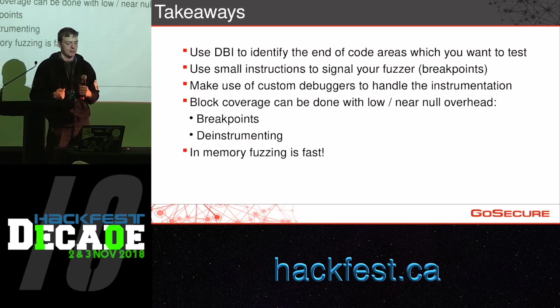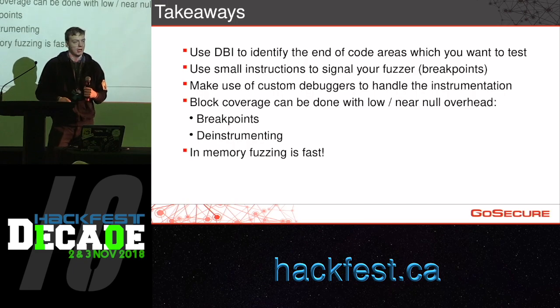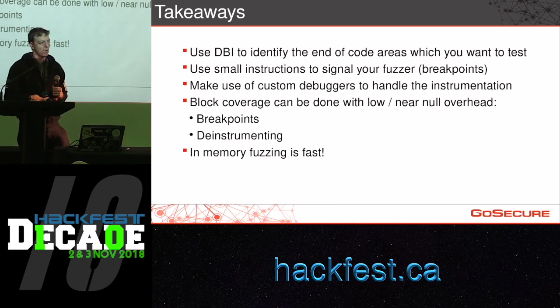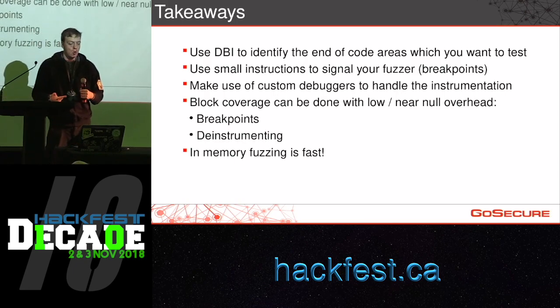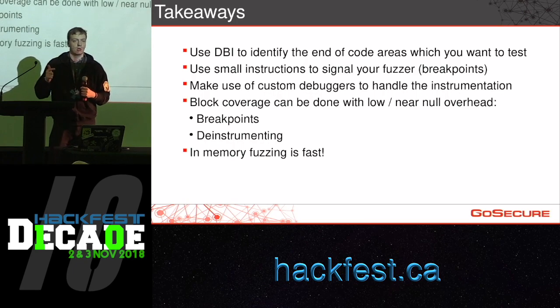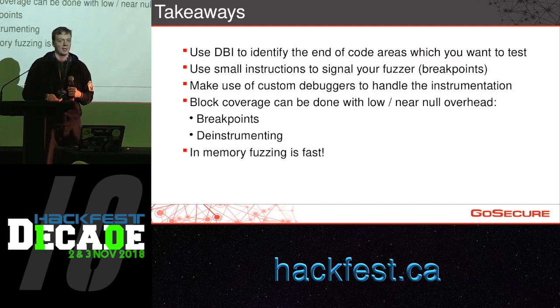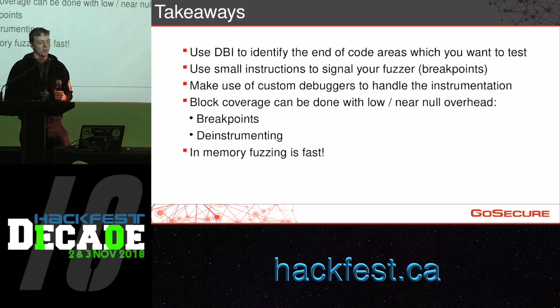We made use of a custom debugger to handle our instrumentation, and we've seen that we can generate block coverage with low or near null overhead, if no new breakpoints are triggered, by using breakpoints and the concept of uninstrumenting, or undoing the instrumentation, for code paths that we have already seen. And we have seen that in-memory fuzzing is extremely fast, but as I was trying to tell you, it's really difficult to implement for a big project.